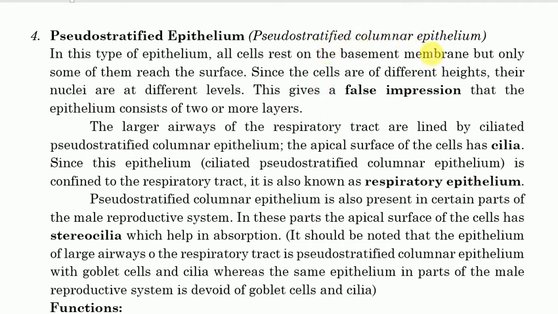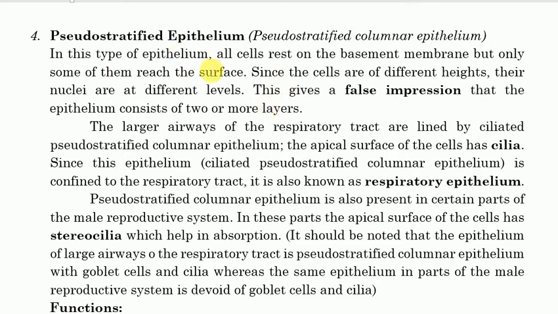Pseudostratified columnar epithelium. Pseudo means false, so they are sometimes called pseudostratified columnar, and sometimes they are called columnar. When we say stratified, it means many layers, more than one layer, and pseudo means false. So these cells appear as if they are stratified, but actually they are not stratified.